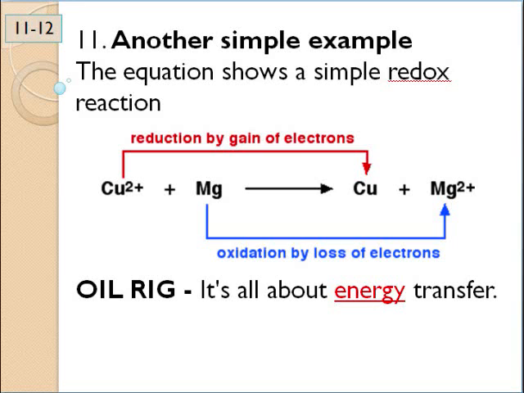Gain or lose electrons? From here to here, how would you erase that +2? Would you gain 2 electrons or take 2 electrons away? Take 2 away, that becomes +4 then. Gain 2. If you took 2 away, that becomes +4.